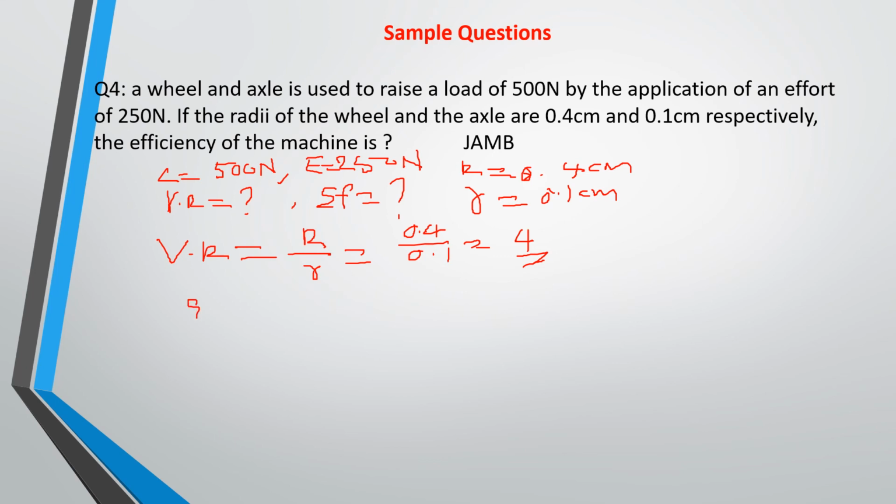So efficiency, which is what you are looking for, is equals to load over effort, 500 over 250, multiplied by 1 over velocity ratio times 100 over 1.